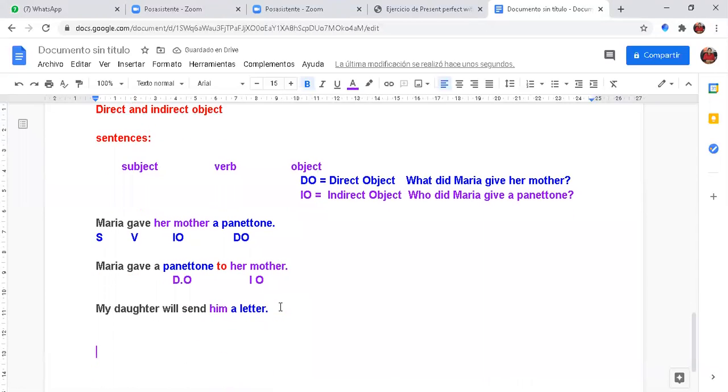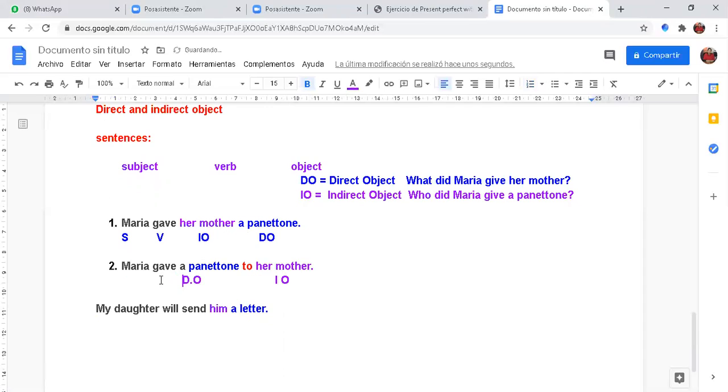And we have another case. This sentence we can change in this way. Look at the same sentence, but in the second sentence the direct object is first and the indirect object is at the end.